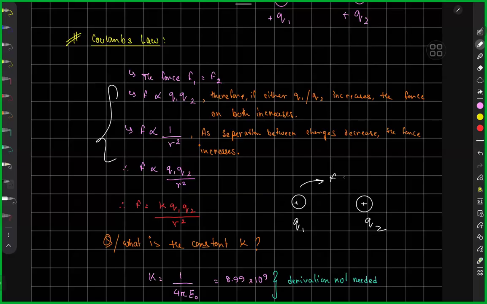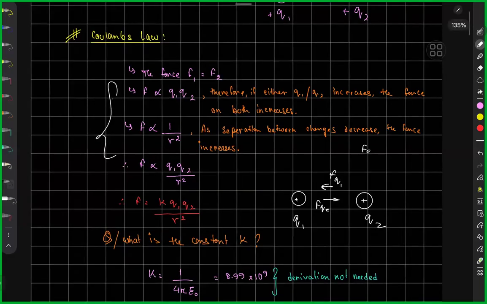So if this is FQ1 and this is FQ2, not curved arrow, these are the directions of forces, and these are equal. FQ1 equals FQ2, right?